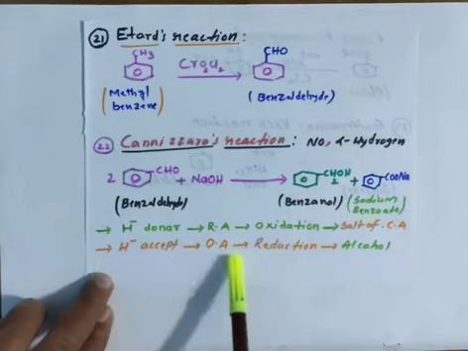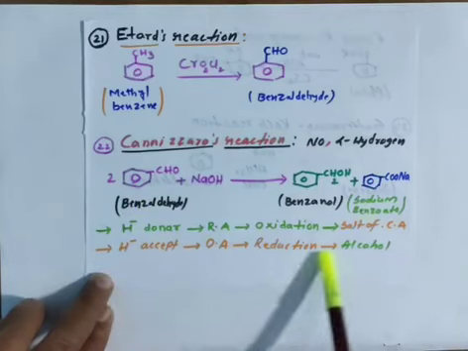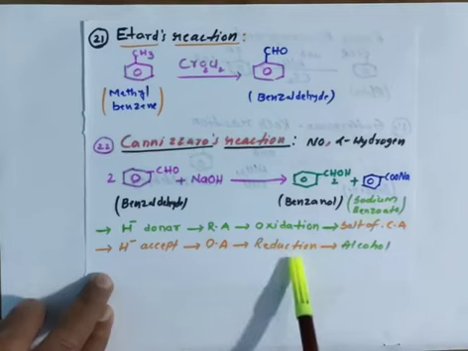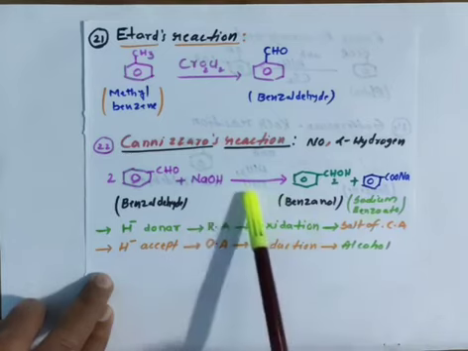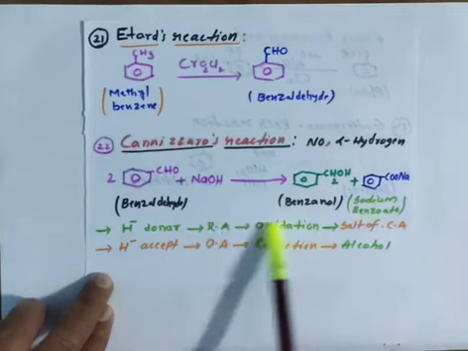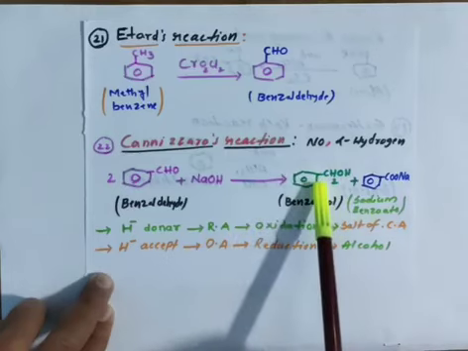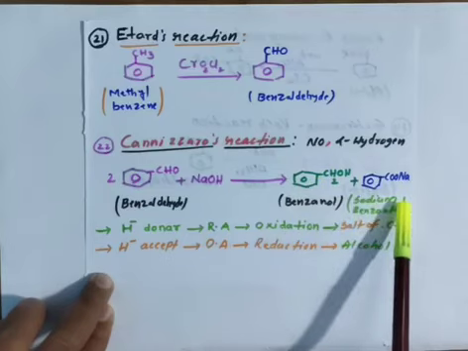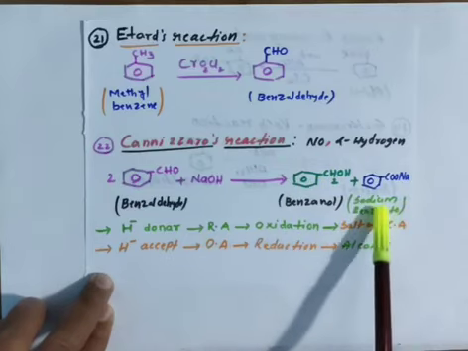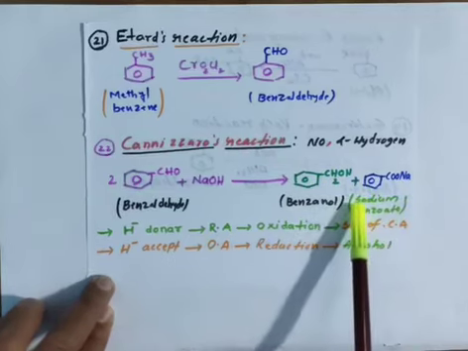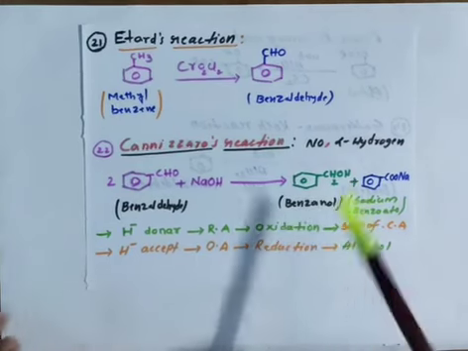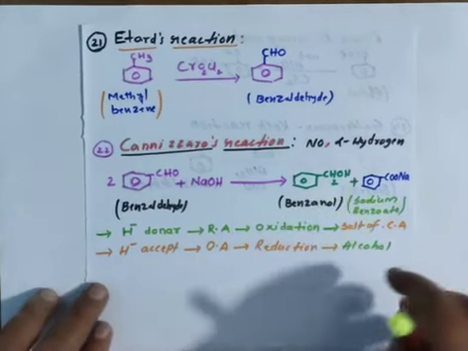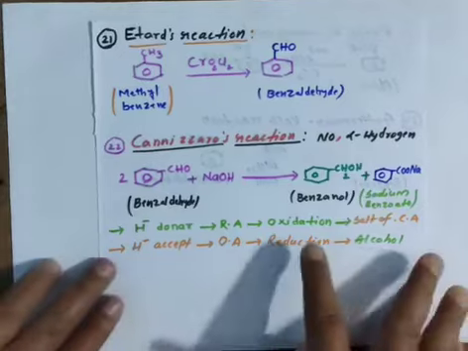That is the oxidizing agent, which means reduction. That is alcohol. In the Cannizzaro reaction, the reductive product is alcohol and the oxidative product is the salt of a carboxylic acid. That you have to remember. Clear? That is the Cannizzaro reaction we have here.